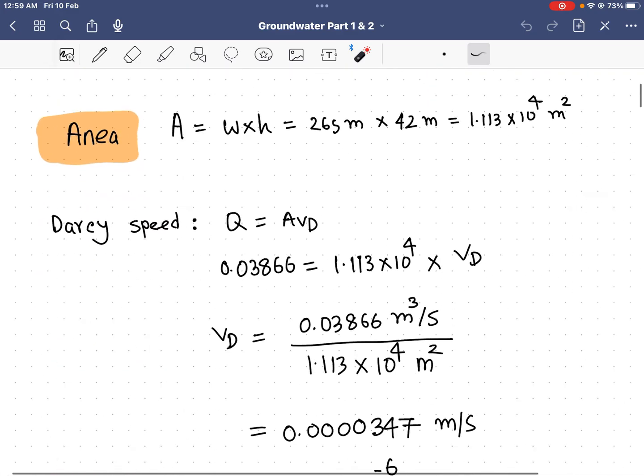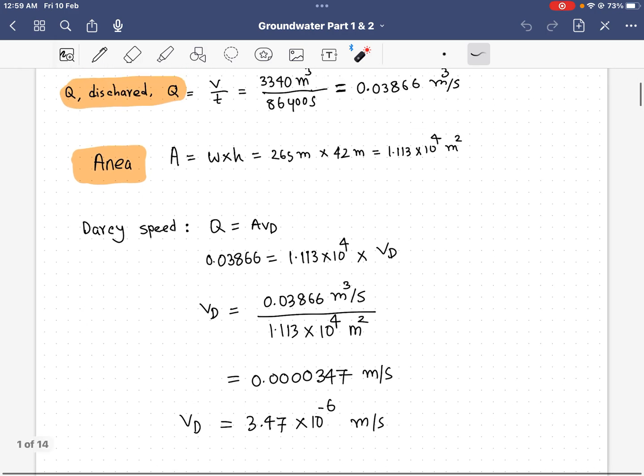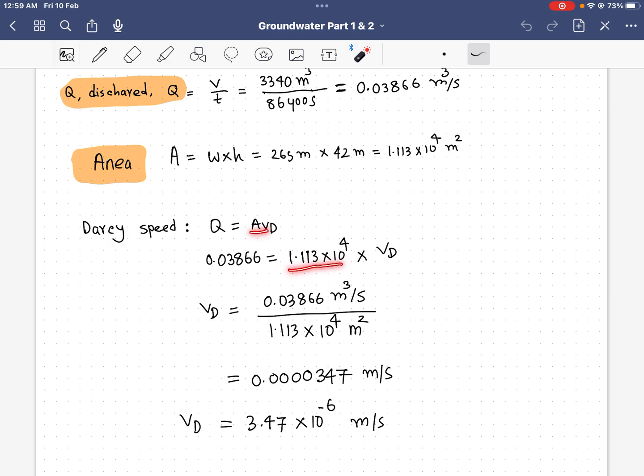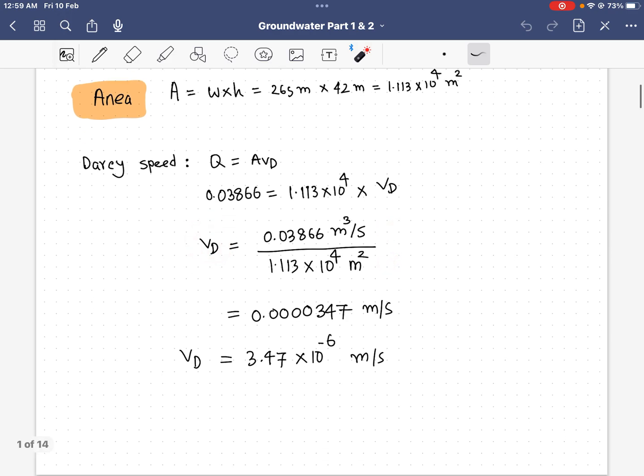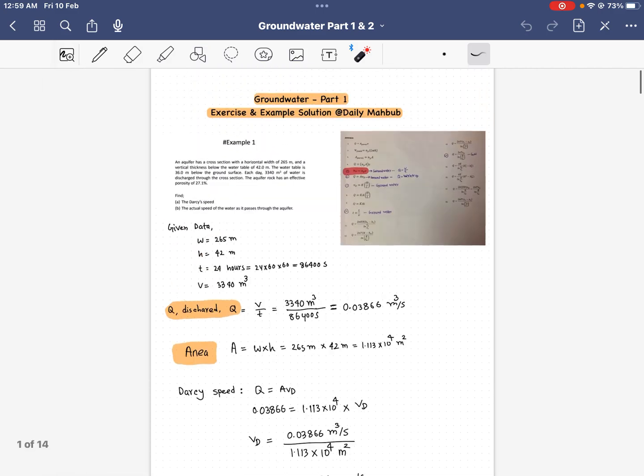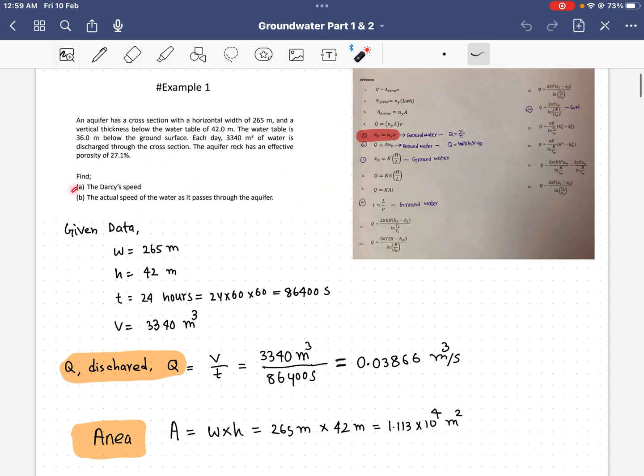I just plug in the values. Q I already found from here, so A is 1.113 times 10 to the power 4 times V_D. Just plug in the values and we will get the Darcy speed, in meters per second. That's the way we can find the Darcy speed.